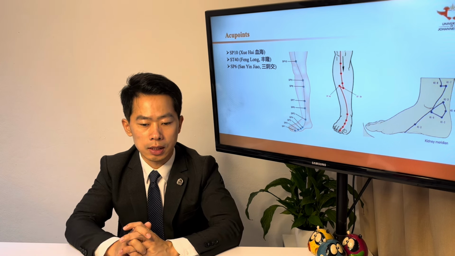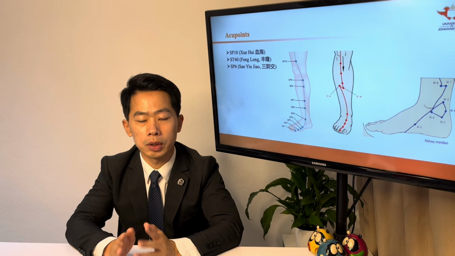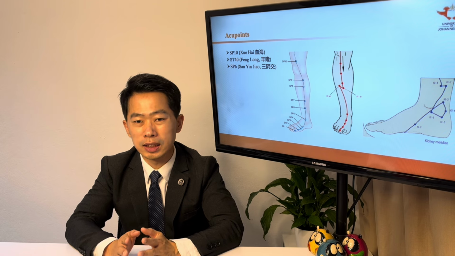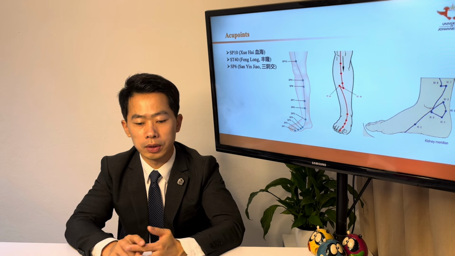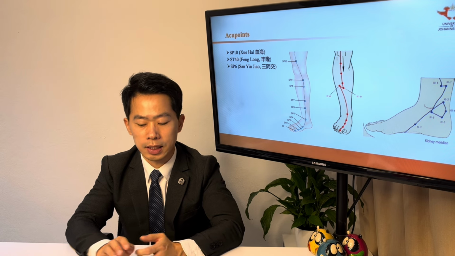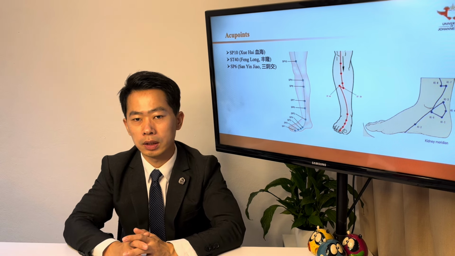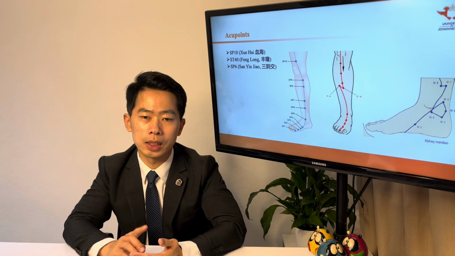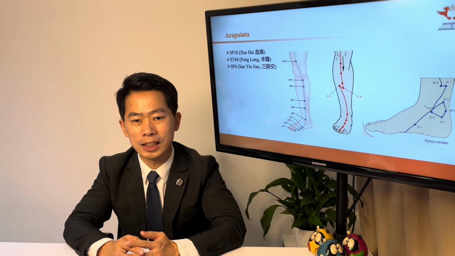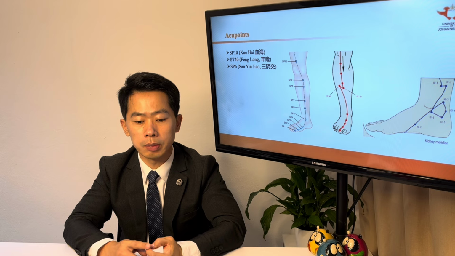So Spleen 6, because it can tonify yin meridians, is commonly used for yin disorders, for example, yin deficiency, including insufficiency of liver and insufficiency of kidney. For example, with insufficiency of kidney, the patient may suffer from weakness in the waist and knees, erectile problems, scanty coating, male's problems, female's problems.